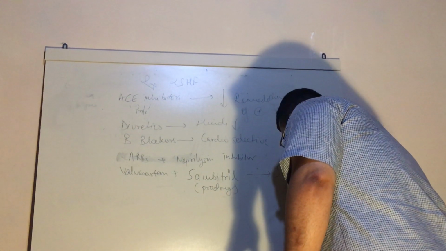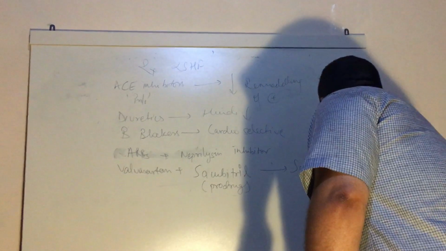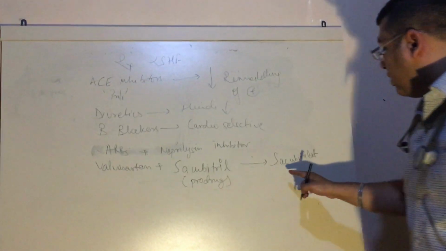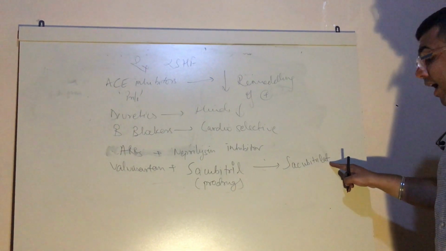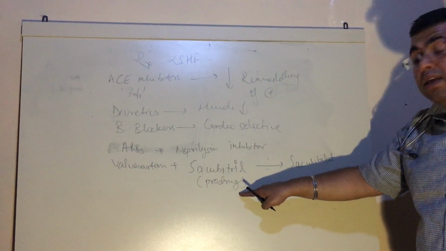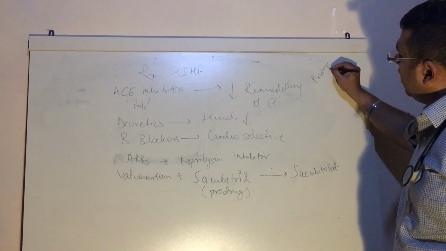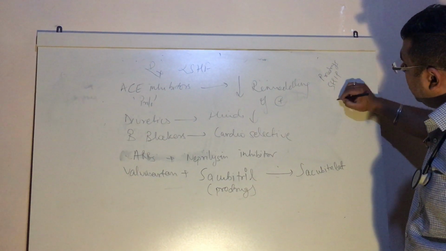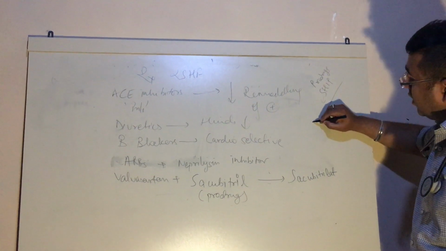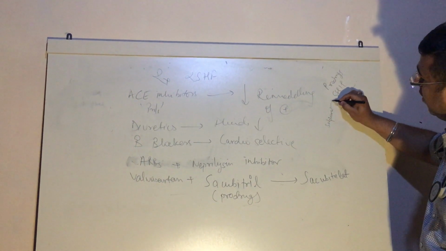Always remember that sacubitril is basically a prodrug. Okay, so it gets into the body and gets converted into sacubitrilat. I will just write the spelling. So it turns into sacubitrilat, and this is the drug which works in the body.